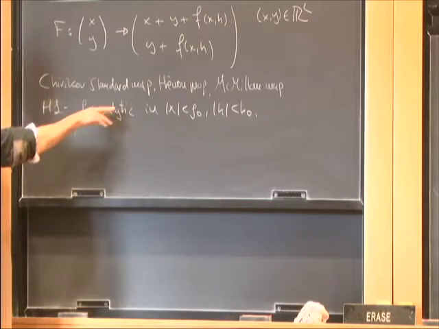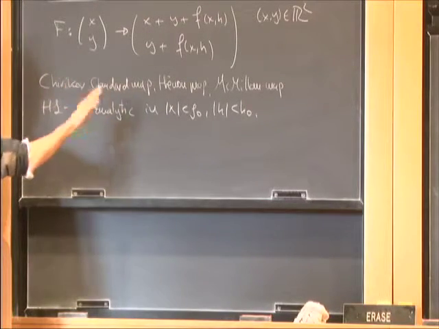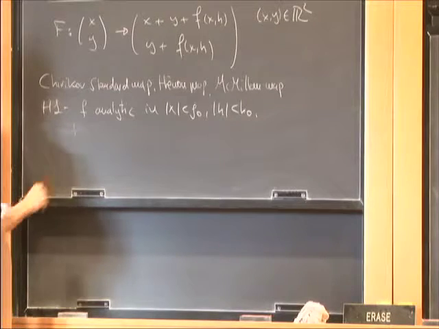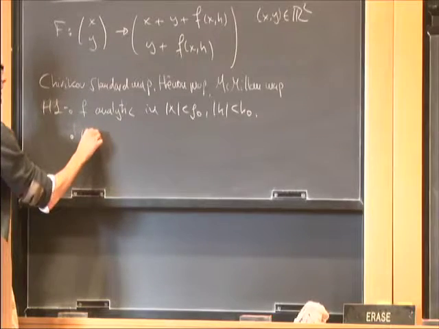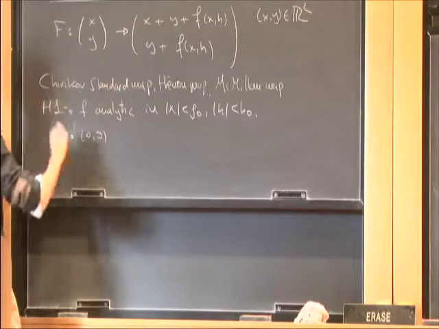It could also be periodic in x, but let's assume for now that we are in this setting. I assume also that the origin is a hyperbolic fixed point for this map.